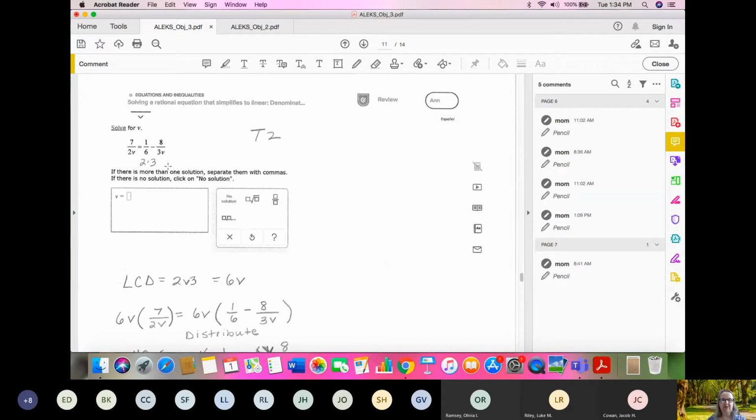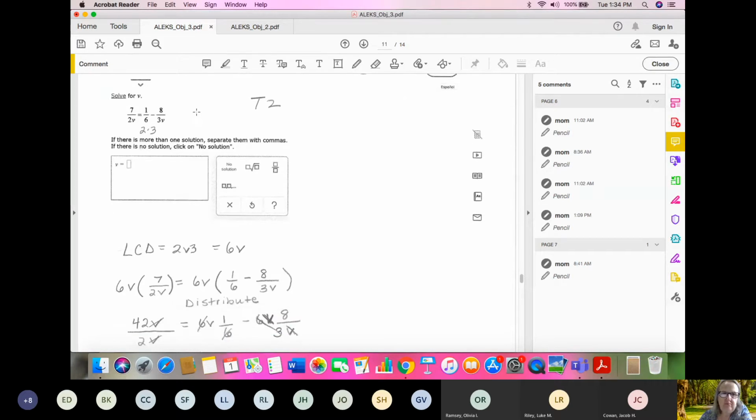It'll save you a lot of work if you see that. And with more work comes more chance of error. So I factored that. Now, the next step, find the LCD. So we go to the first fraction, just copy over the denominator, 2V.